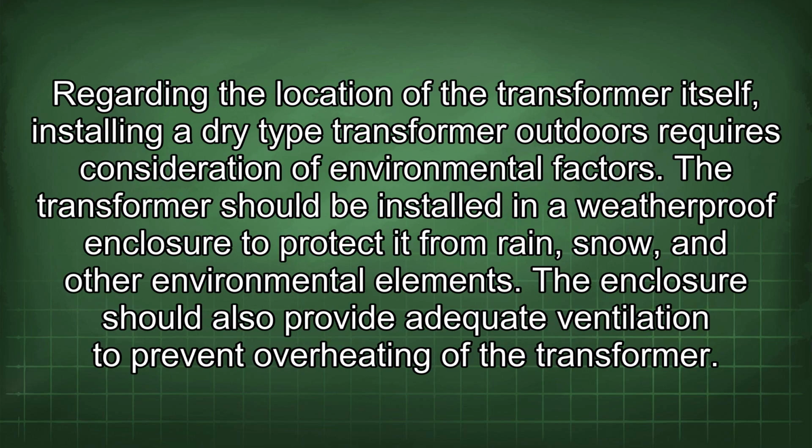Regarding the location of the transformer itself, installing a dry-type transformer outdoors requires consideration of environmental factors. The transformer should be installed in a weatherproof enclosure to protect it from rain, snow, and other environmental elements. The enclosure should also provide adequate ventilation to prevent overheating of the transformer.